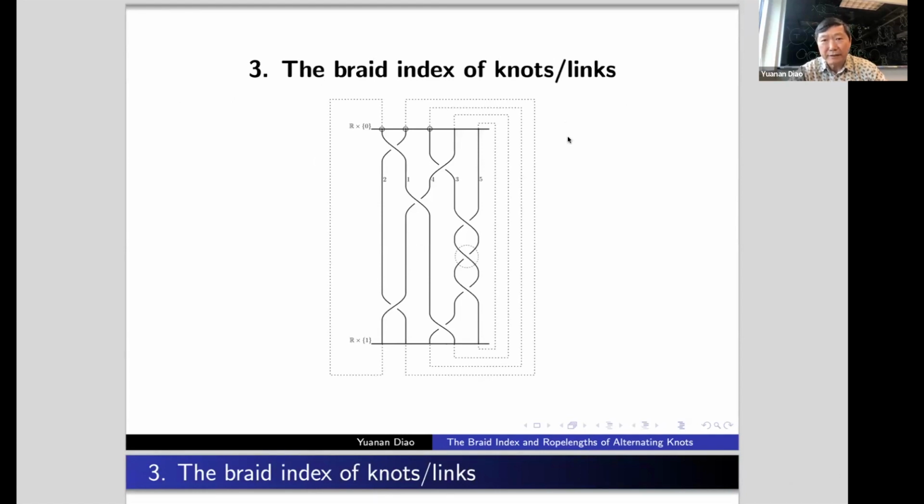So for the braid index, here's an open braid with 5 strands. You basically run strands starting from a horizontal bar, you run them down, and here they have directions. So you can make them oriented in the same direction. In my case here, everything is oriented downwards. Then you can close them using the dotted line here. If you close them, then what you have is a closed braid, which of course is a link.